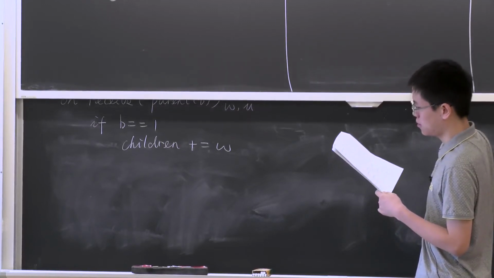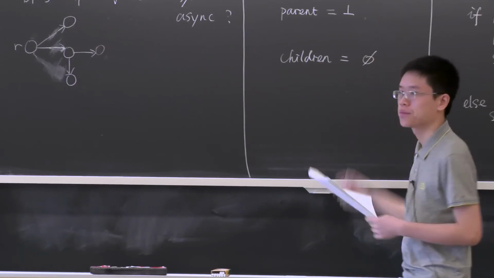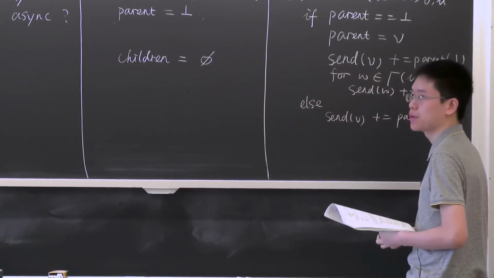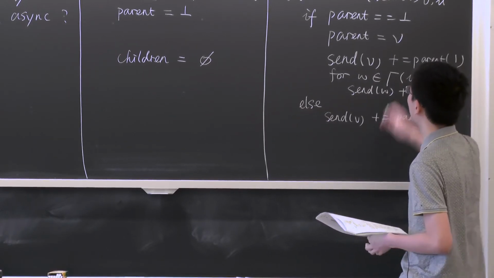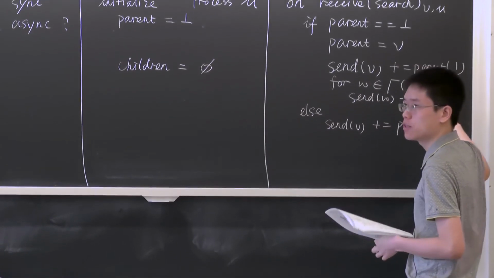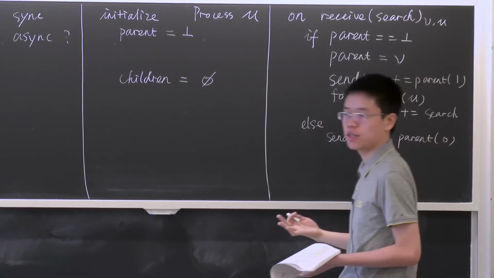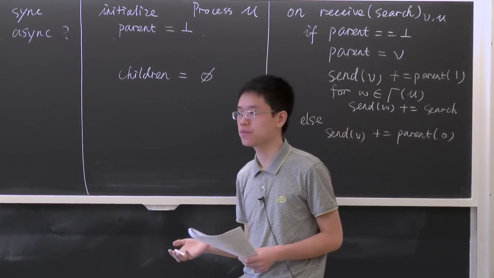Okay, I'm leaving some space here, because our root should be slightly different. Every other node will send search messages when it receives the search message. We need someone to initiate. Make sense?